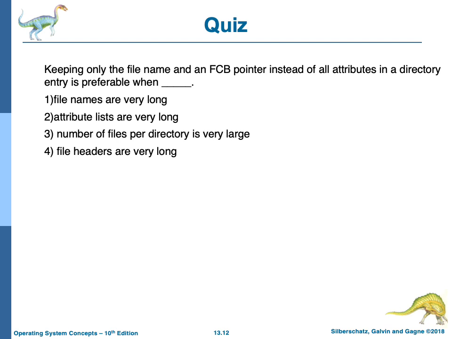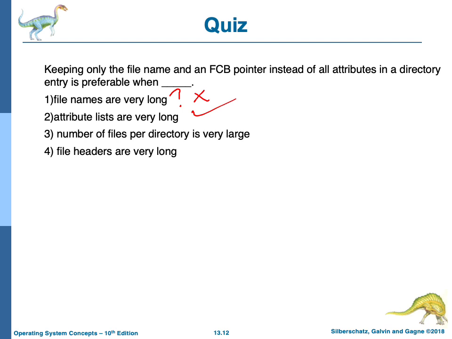Therefore, when is it preferable to keep only the file name and a pointer to the FCB in the directory instead of putting all the attributes together as entries in the directory? Is it when the file name is very long? Not really, because the file name will always be there as an entry in the directory. It doesn't really matter. Is it when the attribute list is very long?